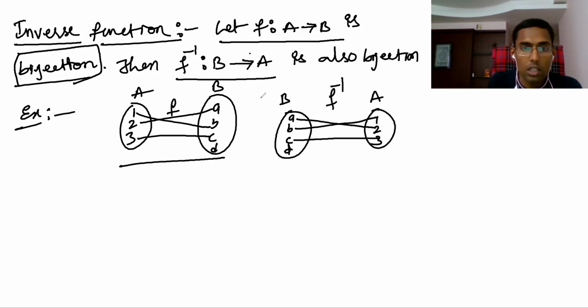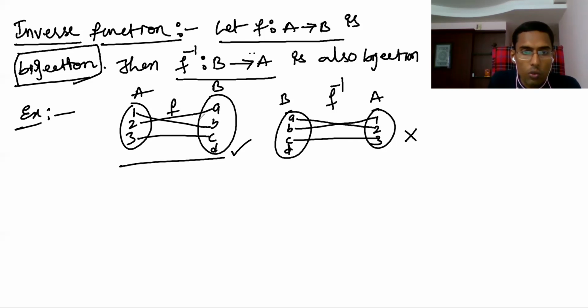Now in this case, this is a function, but this is not a function. f inverse is simply a relation. Why is it not a function? You know the reason. f is a function from A to B which is one-one, but it is not onto.